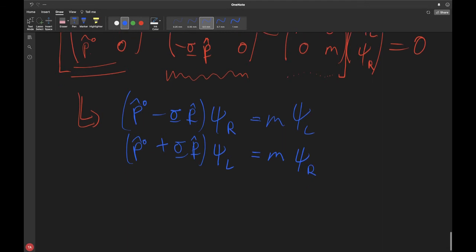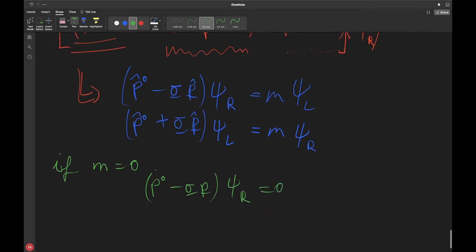And if we take the special case, if we are in the massless case, so if M is 0, that leads to P_0 minus sigma dot P acting on the psi R is 0, and also that P_0 plus sigma dot P acting on the psi left is 0.